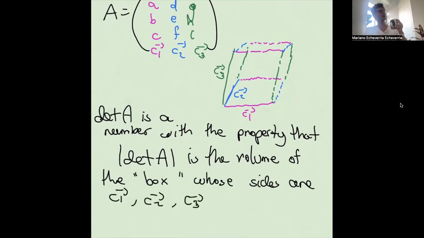And in general, for an n by n matrix, the determinant is kind of like a hypervolume. It's not something that you can visualize anymore, but it works the same way.